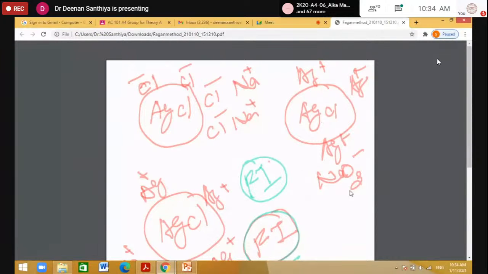These nitrate ions will be displaced by your indicator. This is a fluorescent indicator. Now obviously the color will change. The fluorescent coating will take place onto the silver chloride particles. This is what happens in the Fajan's method.